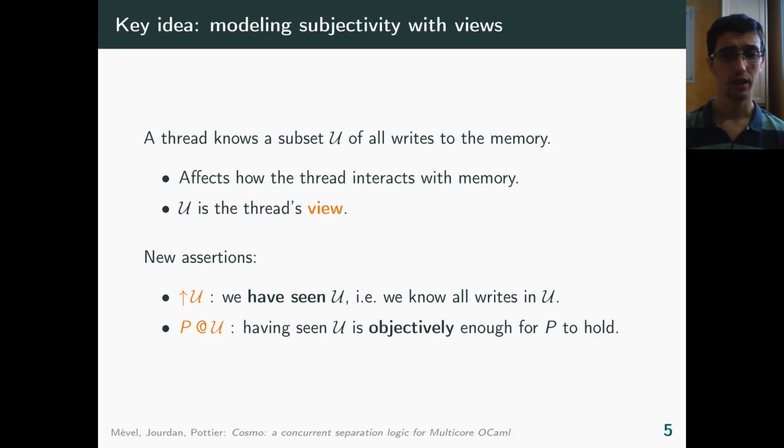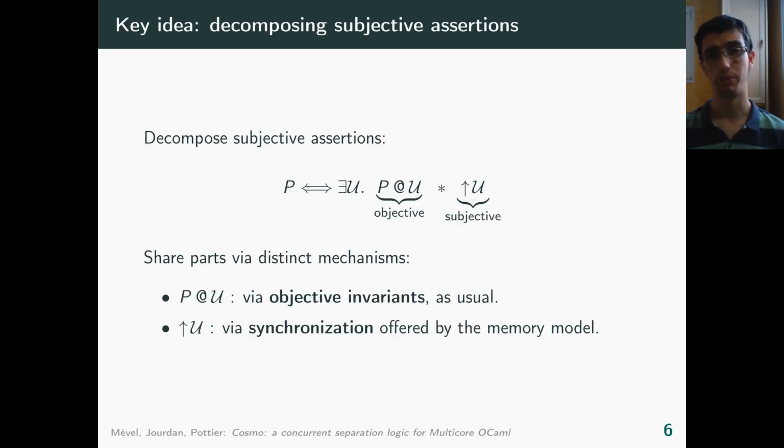And why is it interesting? Because these new assertions are complementary. More precisely, in our logic, any assertion P is equivalent to an objective assertion of the form P at u, and an assertion of the form ↑u for some view u. This shows in particular that view assertions of the form ↑u capture all the subjectivity of the weak memory, and this decomposition will allow us to share subjective assertions between threads by using a different mechanism for each part.